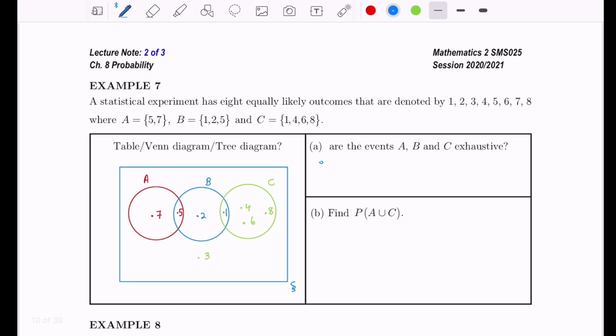Since the number of event A union event B union event C is not equal to the number of the sample space, therefore events A, B, and C are not exhaustive.